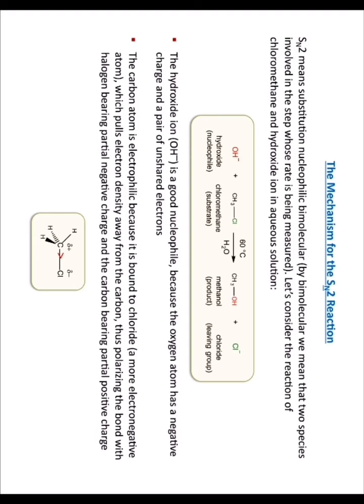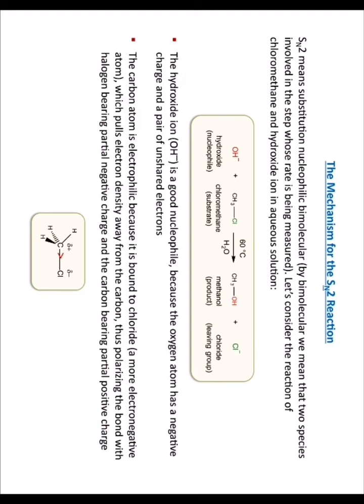The hydroxide ion is a good nucleophile. As we said, it has an unshared lone pair which is happy to share, and the carbon atom is electrophilic, with an electron deficiency, because if you look at the box, it is partially positive.